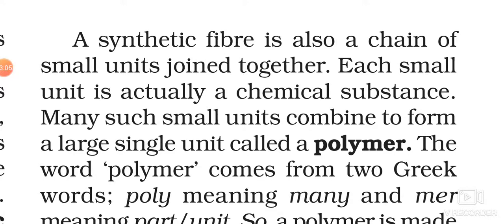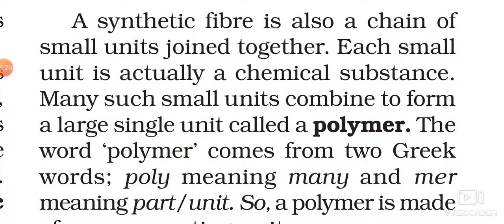And what are those small units called? Molecules. They are the monomers. Right? Mono means single and poly means many. So when many monomers are joined together, one polymer is formed. What is the meaning of mer? Mer means unit.